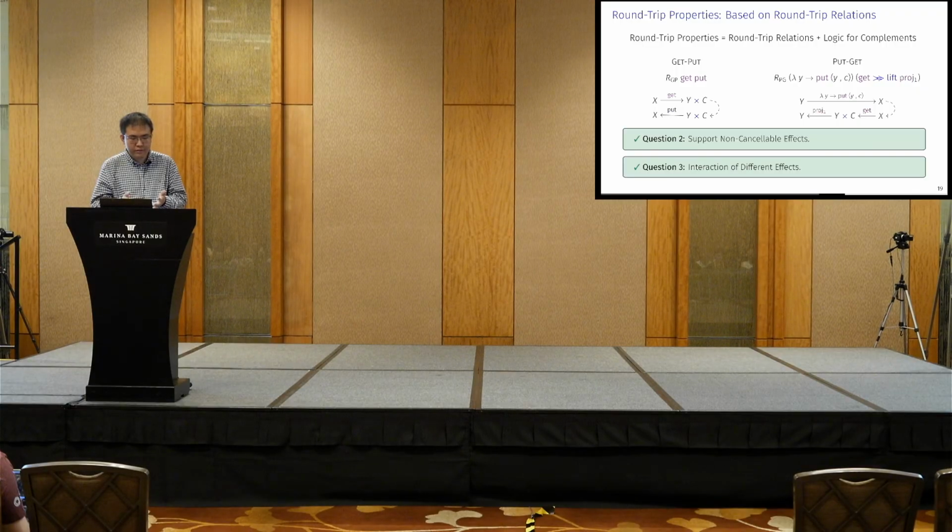In fact, if your effect is cancelable, for example, if the get and put are using the same monad, you can just use Kleisli composition to compose them, and your round-trip relation would be very easy to specify: that f Kleisli fish g is equal to pure. That's the way you specify the round-trip relation for cancelable effects.